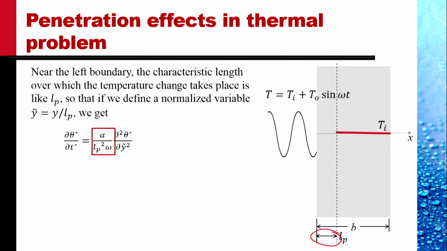So that if we define a normalized variable y tilde is equal to y over Lp, we have chosen a different nomenclature, y tilde, not y star, because with y star you may get confused by the variable when the characteristic length is B. So the resulting equation is delta theta star divided by delta t star is equal to alpha Lp square omega rather than alpha B square omega.